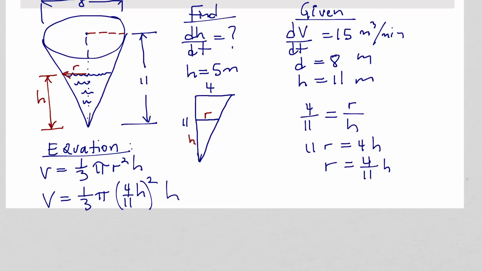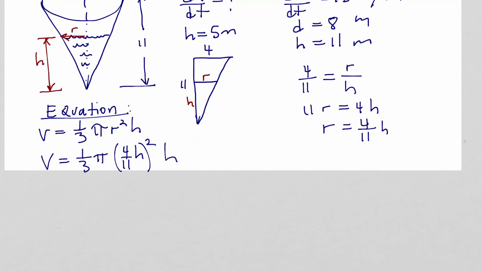So right now I've got my equation in terms of only H and V. So that'll help me out with my differentiating and substituting here. So that's 16 over 121, squaring 4/11, then pi. Then I've got 3 h's multiplied together, that's h cubed. All right, so here's my equation right there.